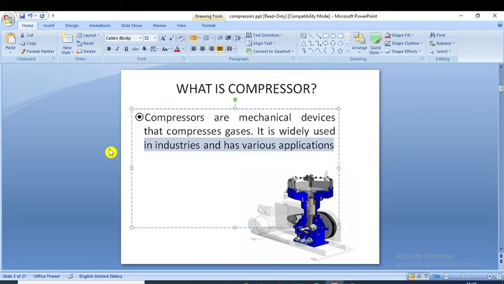There are many industrial uses of this compressed air. So we are using the compressor to compress the air. Many times all of you have seen this compressed air. So normal application is for filling the air in the tube of vehicle, in automotive service station to clean the vehicles, for spray painting in paint industries we need compressed air, and to compress the air we need the air compressor.